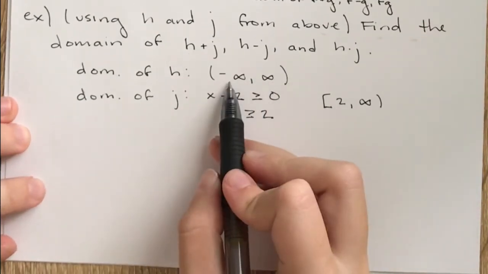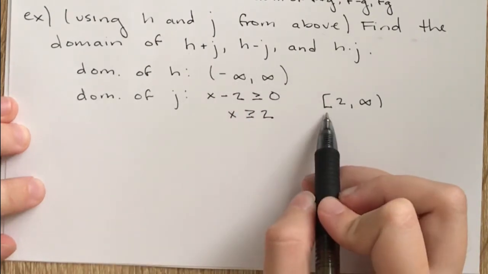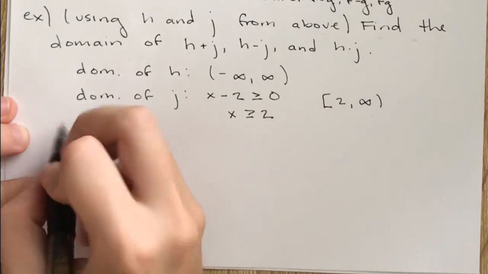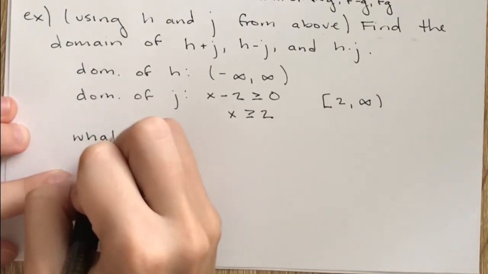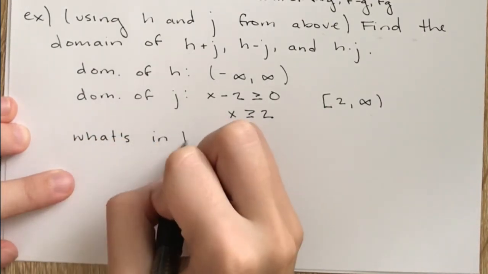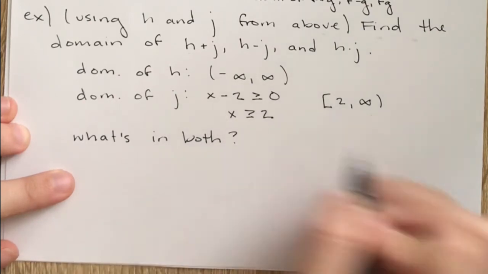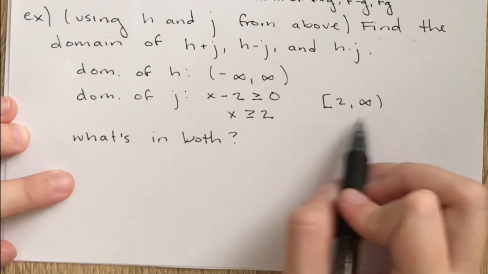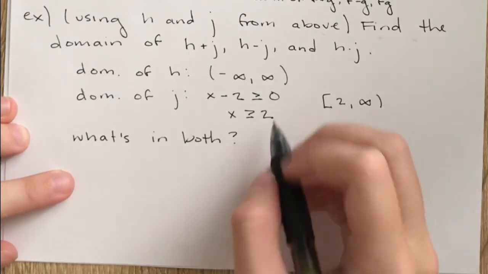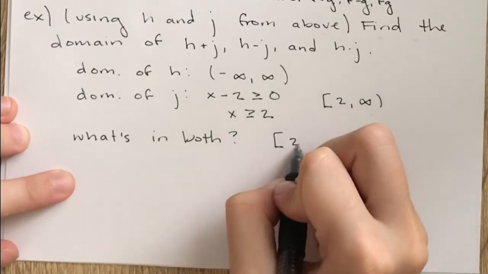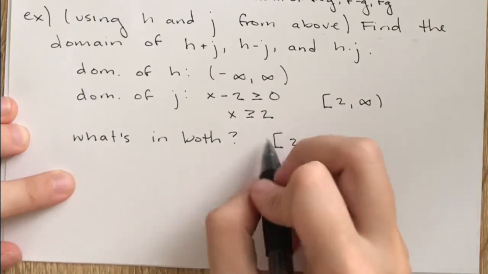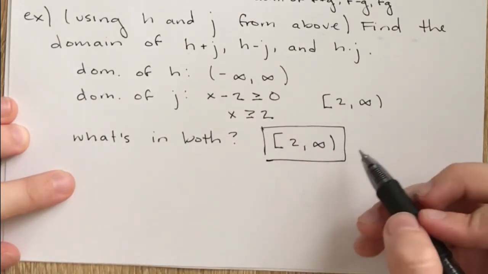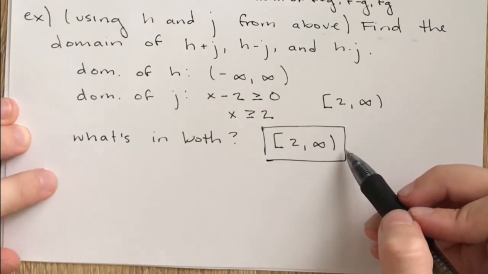Well, if we have all real numbers and then only 2 to infinity, what's in both? Well, 2 to infinity, right? This is the domain of h plus j, h minus j, and h times j.